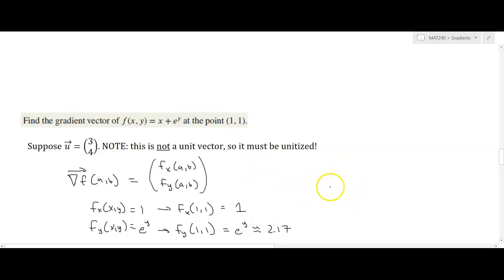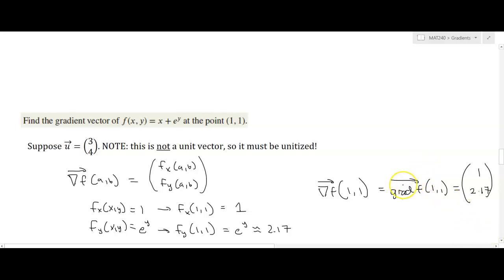So the gradient vector at the point (1, 1), alternatively written as grad f at the point (1, 1), is equal to the vector containing components 1 and 2.17. Very nice. So there's our gradient vector that we've just found.